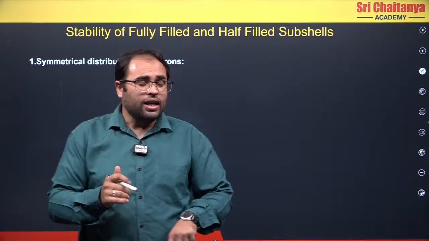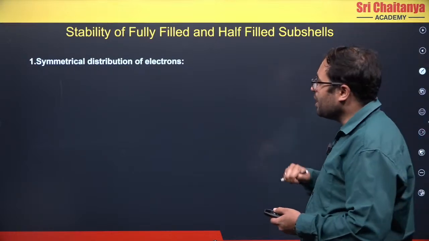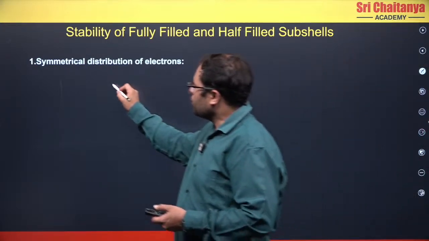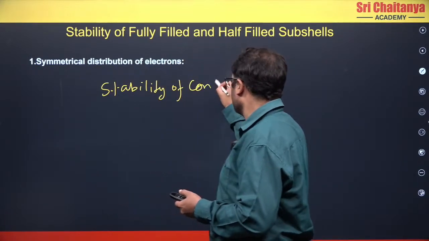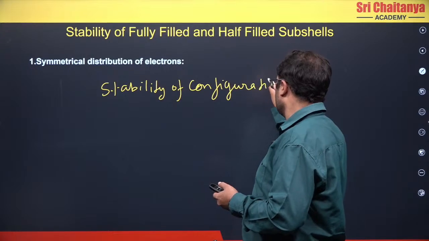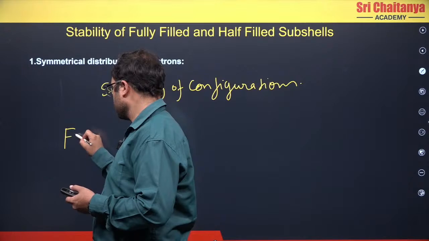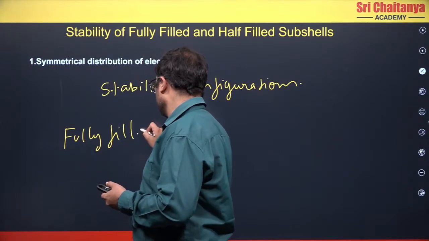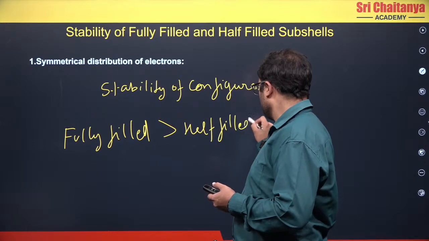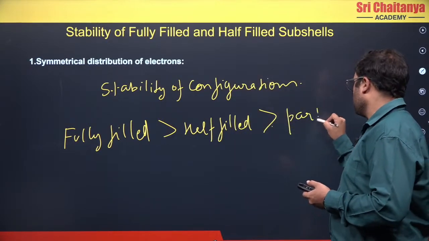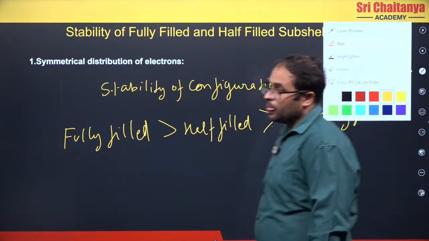Normally we say that if the situation is of a fully filled orbital, it is much more stable than half filled. So we talk about the stability of configurations. Fully filled is most stable, followed by half filled, followed by partially filled. What do I mean by this? Let me give you an example.